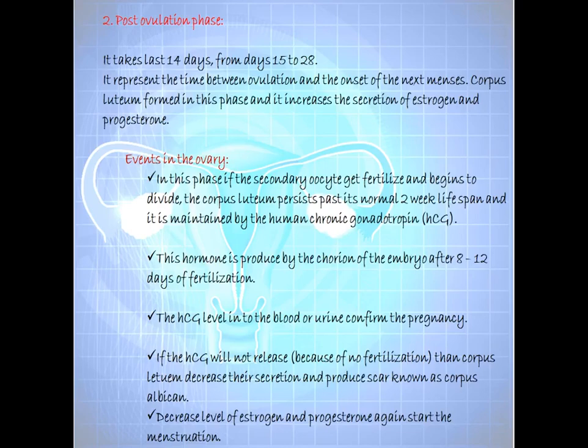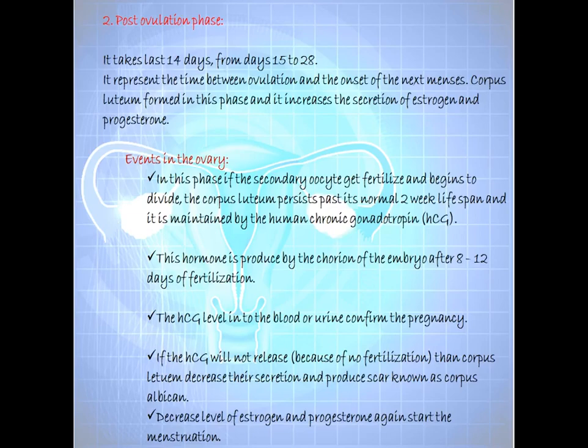In this phase, if the secondary oocyte gets fertilized and begins to divide, the corpus luteum persists past its normal 2 weeks lifespan and is maintained by human chorionic gonadotropin. This hormone is produced by the chorion of the embryo after 8 to 12 days of fertilization.